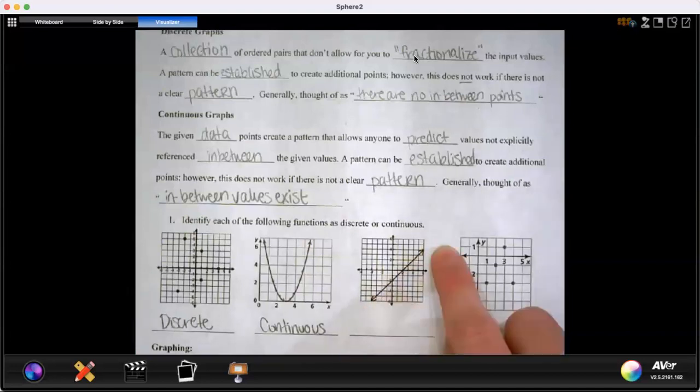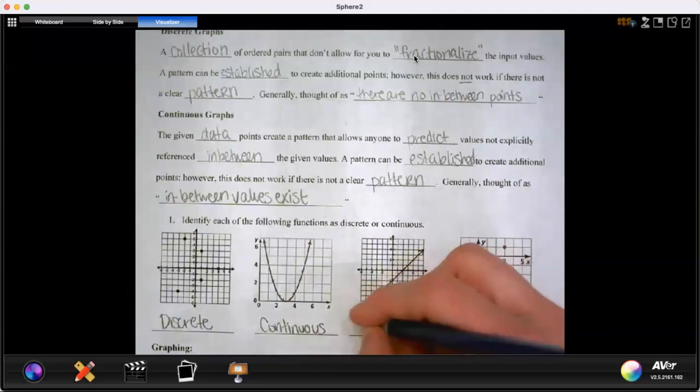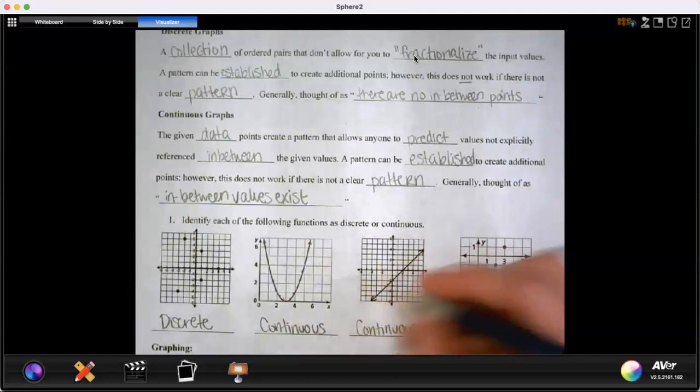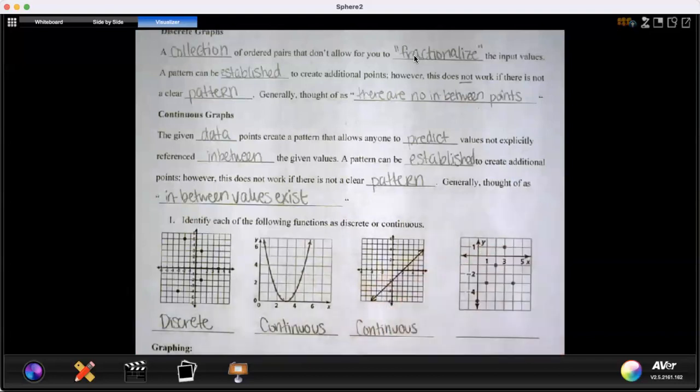Continuous has a connection and shows that there's a pattern between each pair of points, whereas discrete has specific ordered pairs that are separate and clear and separated from each other. And so that one would be considered discrete.